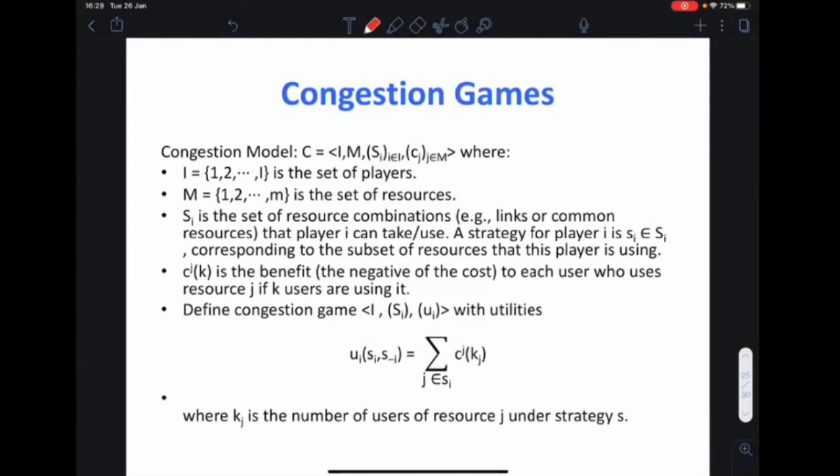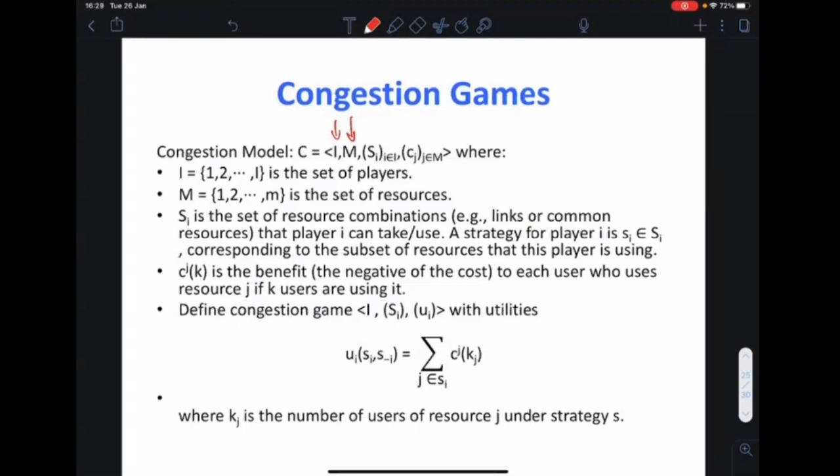So mathematically, you can define this with I number of players, N is a set of resources, like for example the edges, the roads, and S is their decision. In other words, for all the i's, each S_i is the set of resources they are using. It's not necessarily going to use all the roads towards the destination; you're going to select some of the edges or roads.